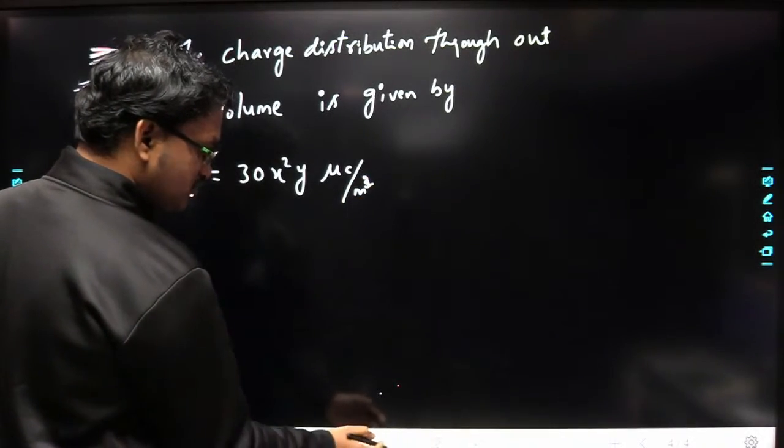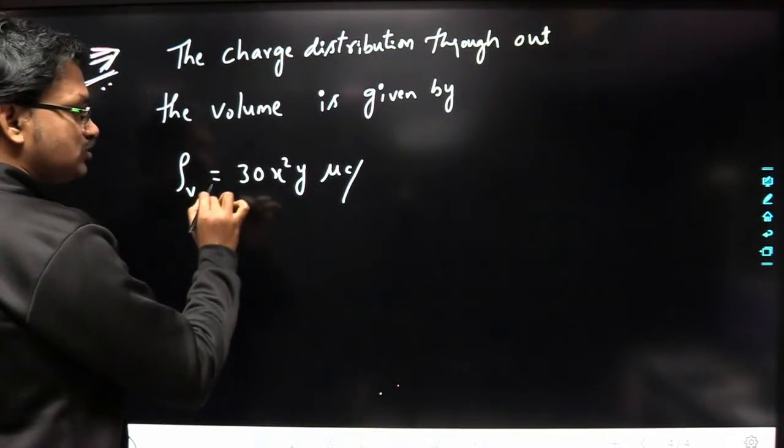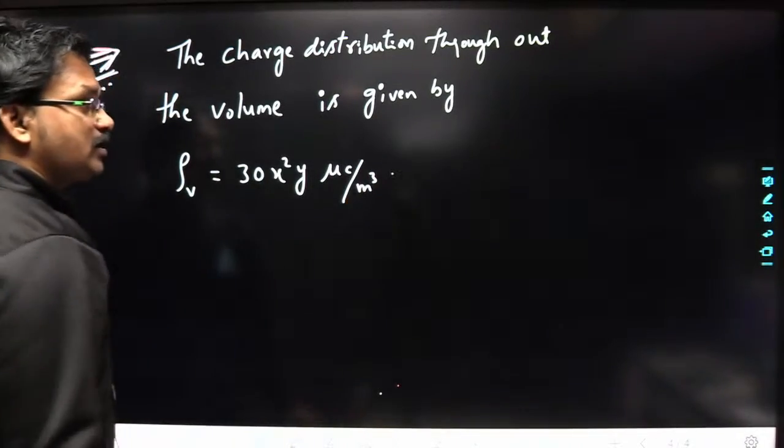Okay. So this is volume charge density. They have given rho v is equal to 30 x square y microcoulomb per meter cube.